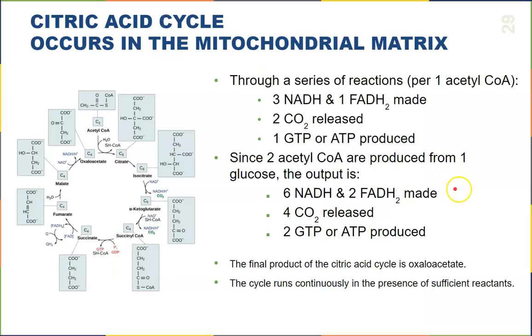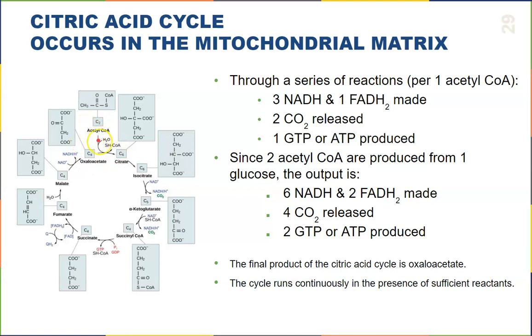Okay, so the citric acid cycle occurs in the mitochondria. It happens in the matrix. It has a lot of steps, and it is a circular metabolic process, which is interesting that it's not linear like most. So we start with acetyl-CoA, and then we end with oxaloacetate, which acts on acetyl-CoA.